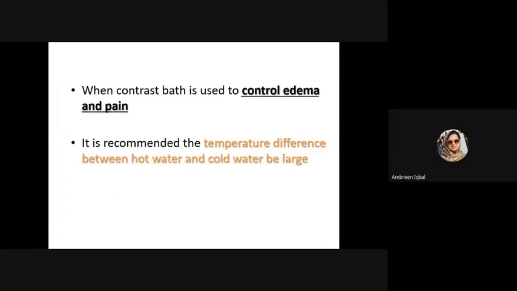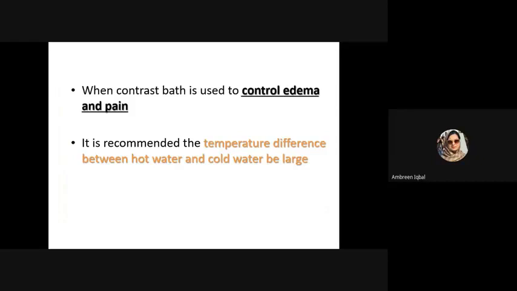But before immersing the limb, there is a point related to the temperature of the water. When your intention is to control the edema and pain, the temperature difference between hot and cold water should be large. Why? Because you want to eliminate the edema and improve the pain by removing waste products and the edema pressure, so you want proper vasoconstriction and vasodilation.